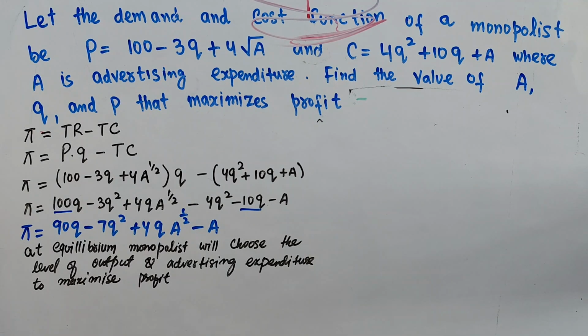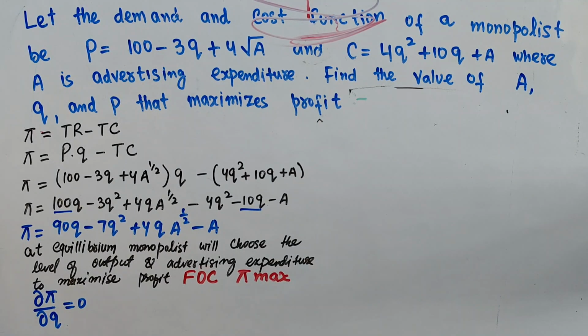There are in fact two equations for profit maximization. That means the first order condition for profit maximization has two equations. First, the derivative of the profit function with respect to output should be equal to 0.